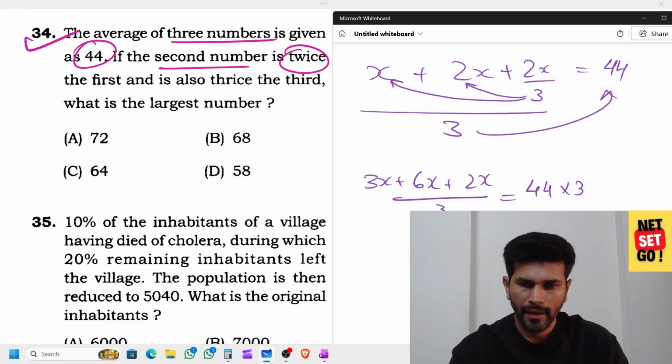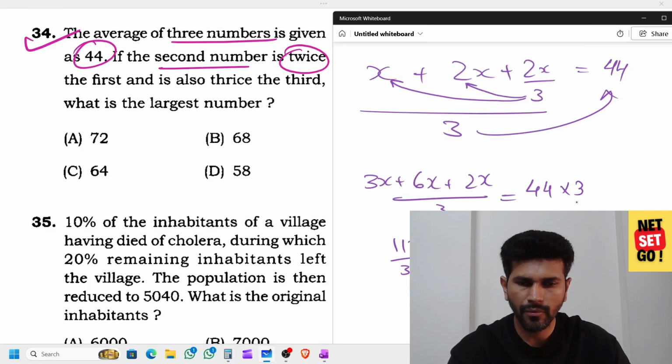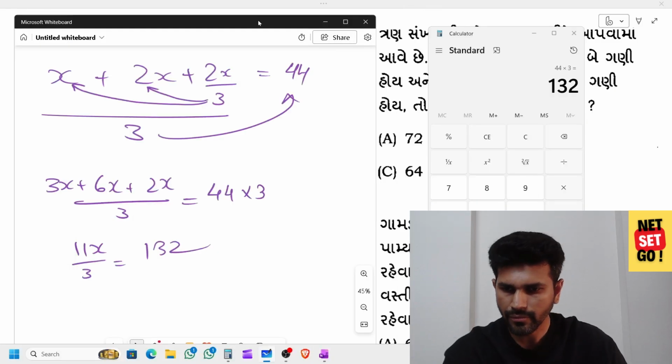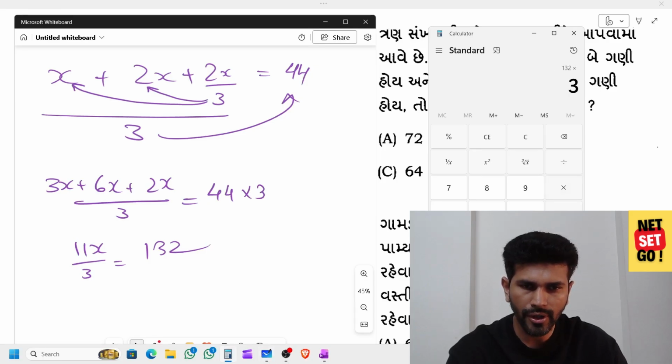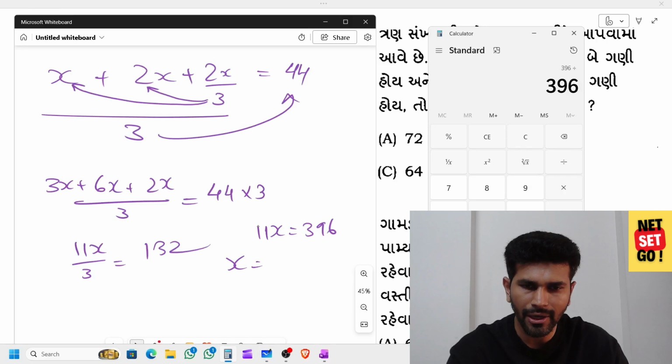So 6 plus 3 plus 2, 11x divided by 3 is 44 into 3 into 3, 132. So 132 into 3 is 396. So 11x equals 396. So x equals 396 divided by 11, that is 36.